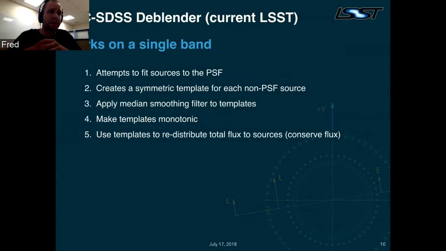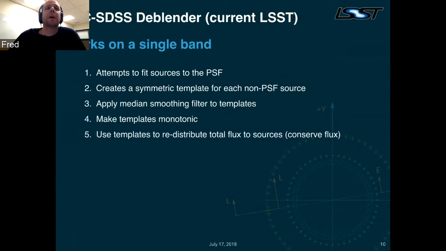First it looks at all the objects and attempts to fit them to the PSF. If they fit, it just calls those stars. It figures out what the amplitude needs to be in order for that to match the PSF as best as possible. It has to fit the PSF to a certain percentage, and that's what is used to determine whether or not it's a star.